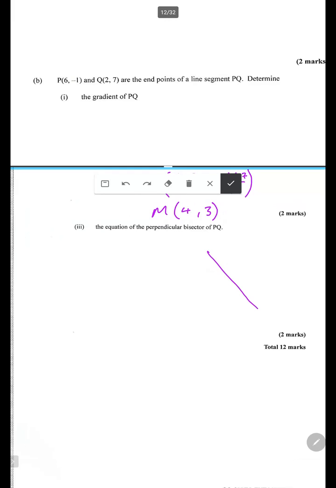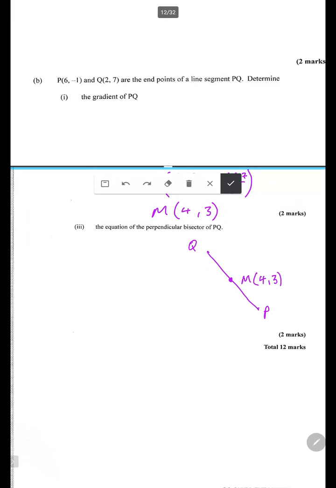Let's say this is PQ, this is P and this is Q. The midpoint is M right here, and M has coordinates (4, 3).